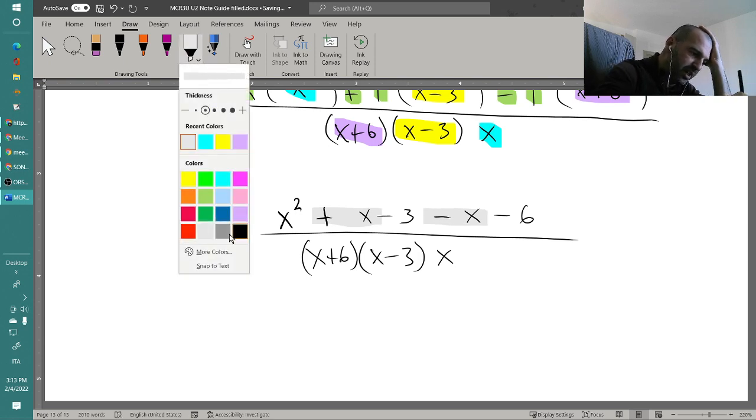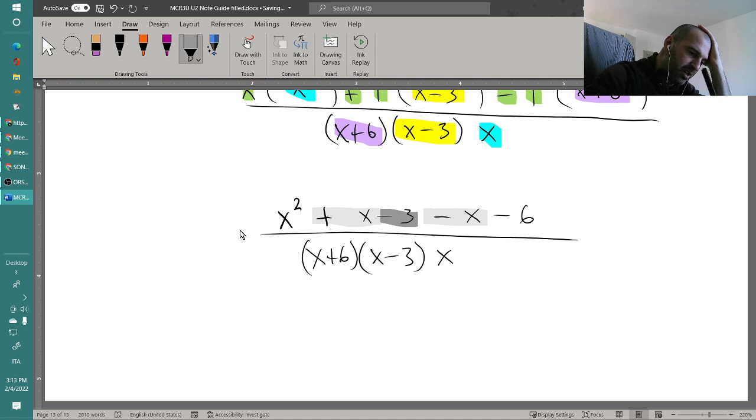I've got a negative 3 and a negative 6. Those are also like terms. And so we're going to do that. X squared, x minus x is simply 0x, so plus 0x.